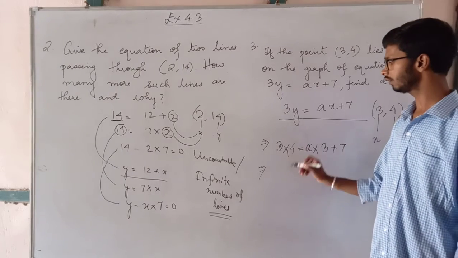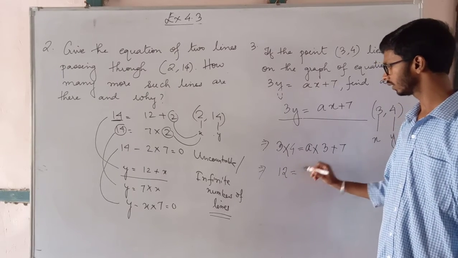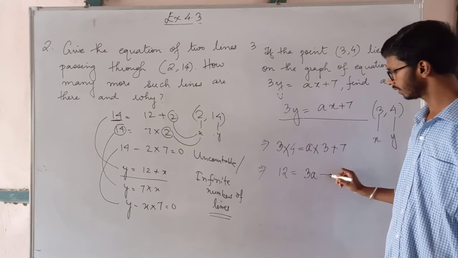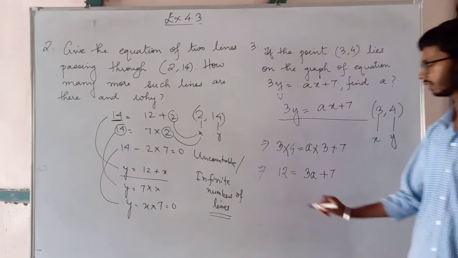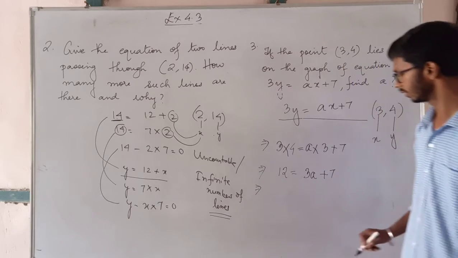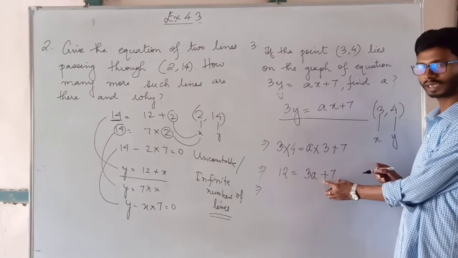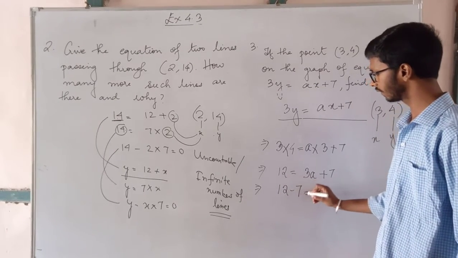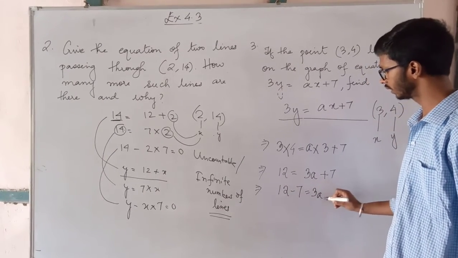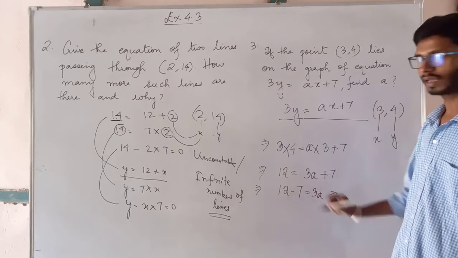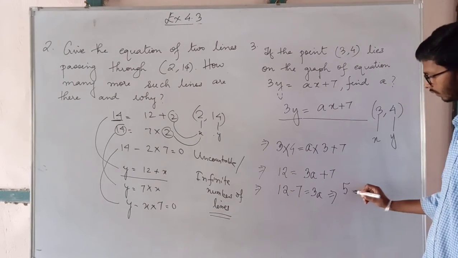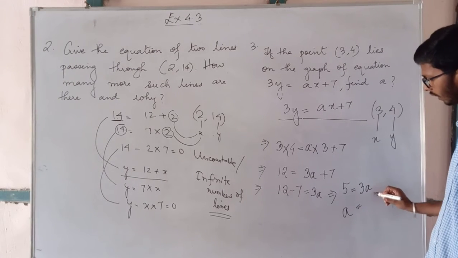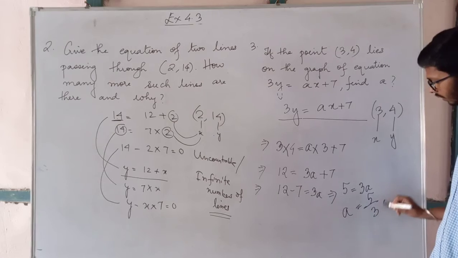Now 3 into 4 is 12. a into 3 we can write as 3a plus 7. Now this plus 7 we can transfer to the left hand side. So 12 minus 7 equals 3a. 12 minus 7 is 5. So 5 equals 3a, or you can say a equals 5 by 3.